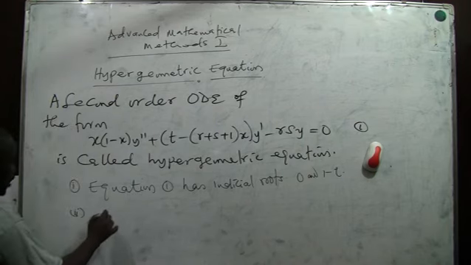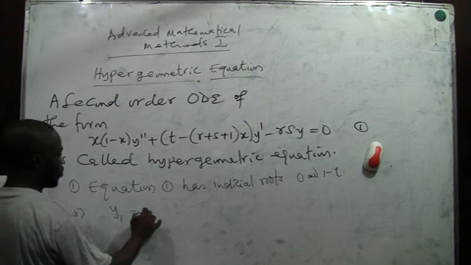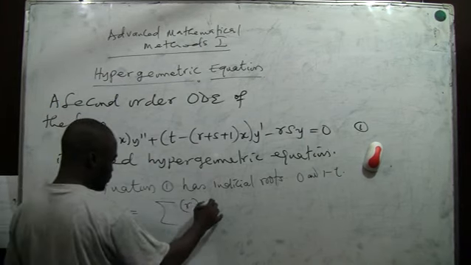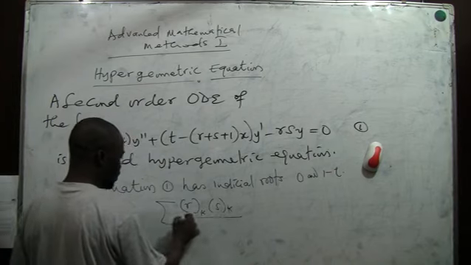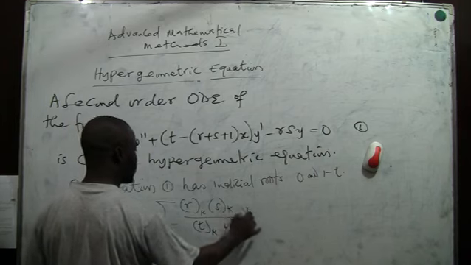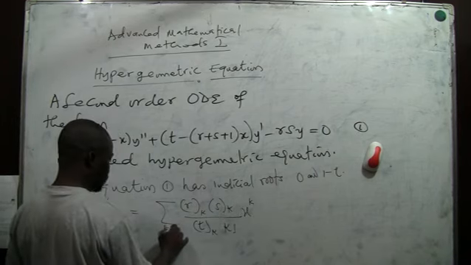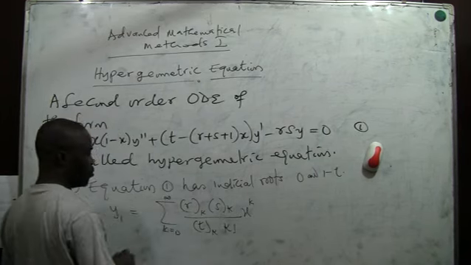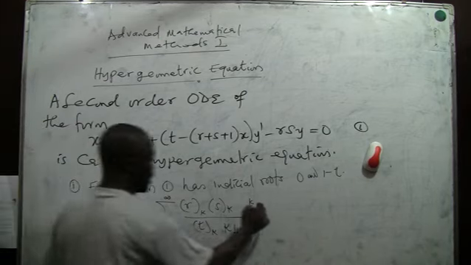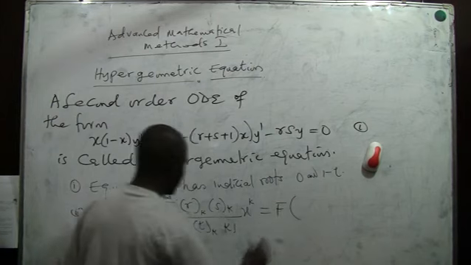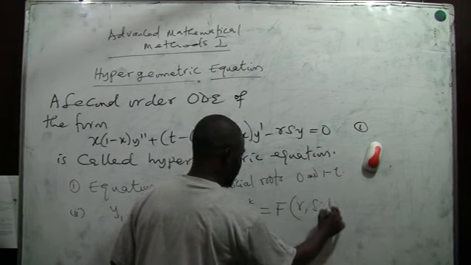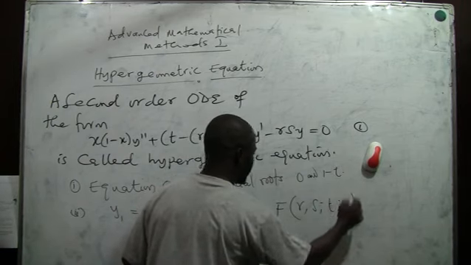Those two solutions are y1 equals the summation of (r)_k (s)_k divided by (t)_k k factorial, x raised to the power k from 0 to infinity, which is otherwise known as hypergeometric function. It can be written in that form as F(r, s; t; x).